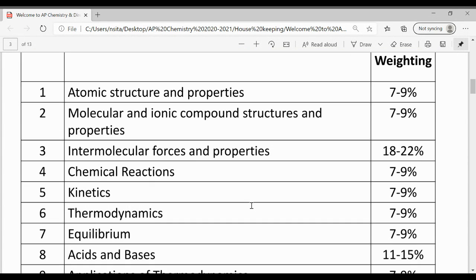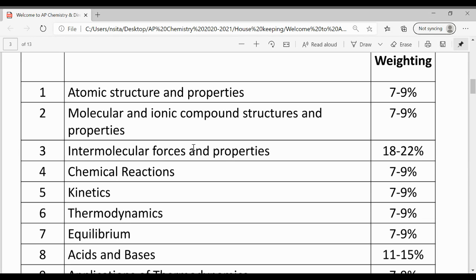Now, in terms of what will be covered in this course, these are the big nine topics. Atomic structure and properties is 7 to 9% on the AP exam. The second one, molecular and ionic compounds, is 7 to 9% as well.